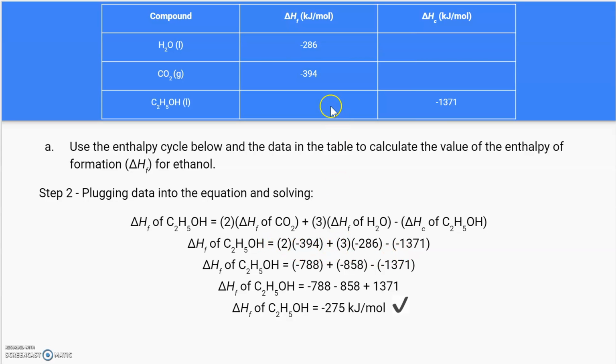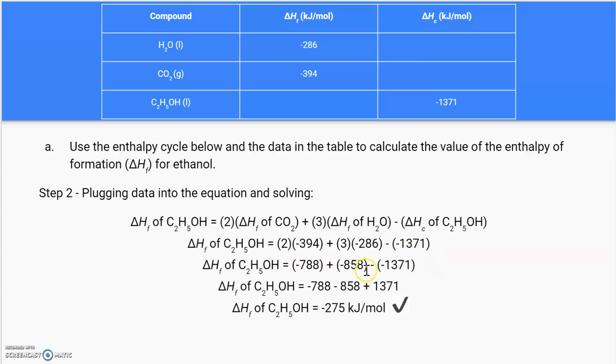So we just plug the values from the table into the equation that we set previously based on Hess's law and based on the cycle that we are given, and we get that the enthalpy of formation of ethanol is 2 times negative 394 plus 3 times negative 286 minus negative 1,371.